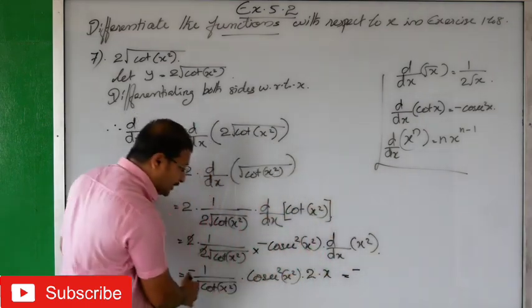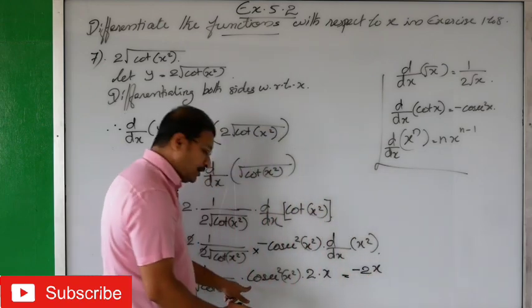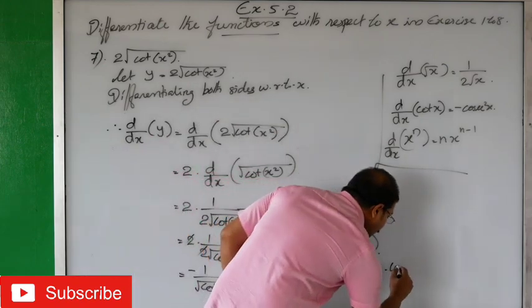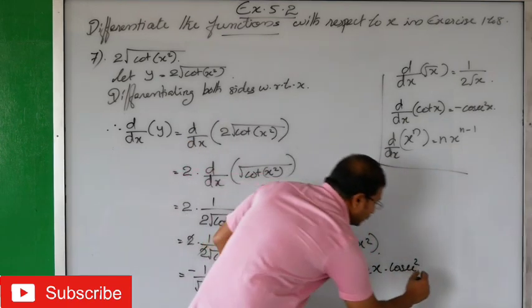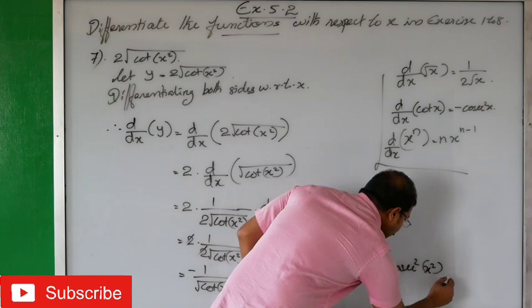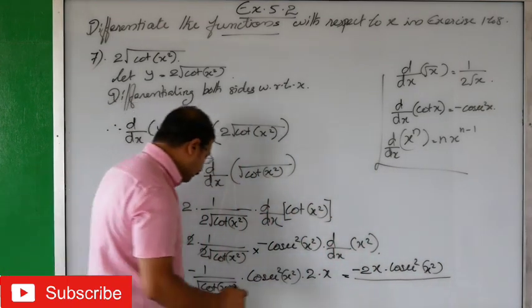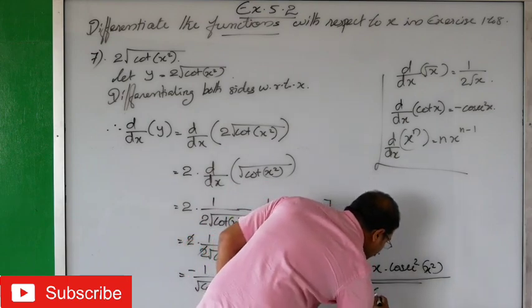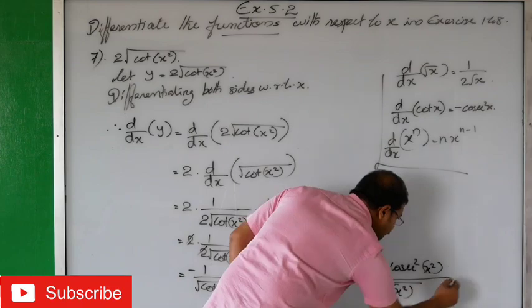Minus this 2x will write first, minus 2x into cosec square x square divided by root of cot x square.